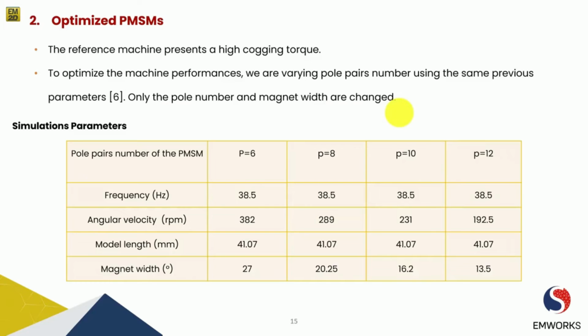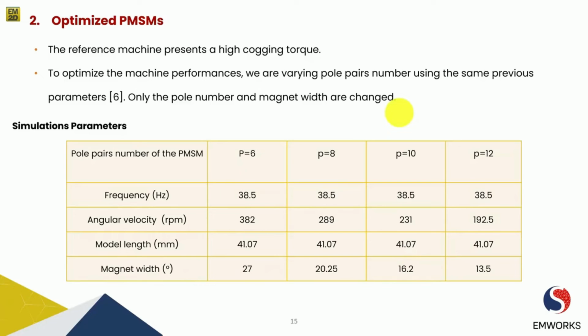So far what we have seen is that our reference machine has a very high cogging torque, and to optimize the machine performance we are simply varying our pole pair numbers. We can vary a lot of parameters in the motor, and it's all a trade-off between which parameters you are flexible with and which you don't want to change and stick to the same. So in our case we have kept the geometry constant.